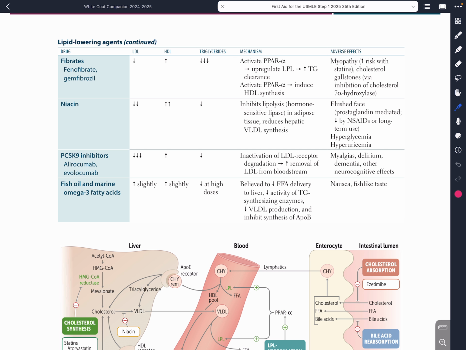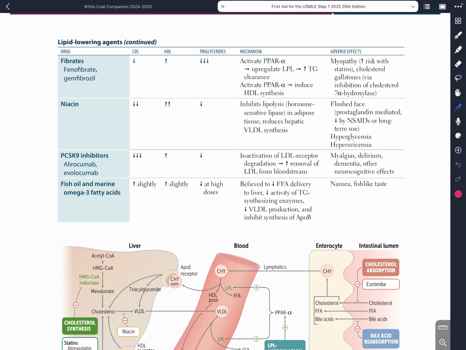So mostly niacin acts in adipose tissue. It reduces hepatic VLDL synthesis.